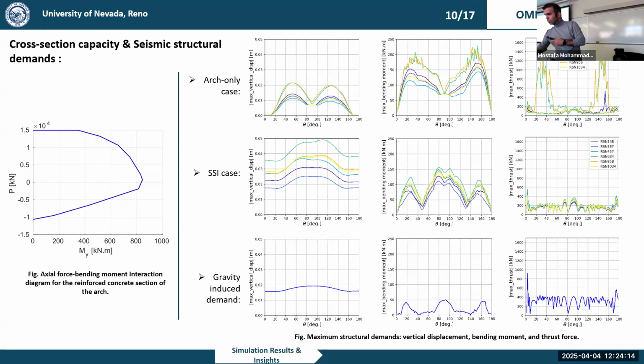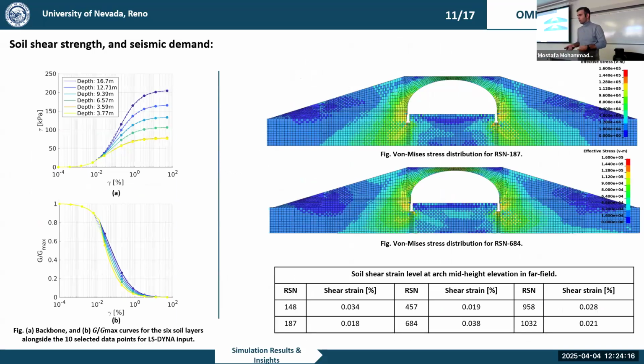We talked about the structure, but what about the soil? We want to see if our soil fails, enters the failure regime, or whether some failure is happening or not. In order to show that, I decided to go with the von Mises stress distribution.